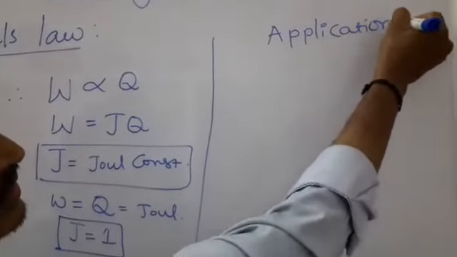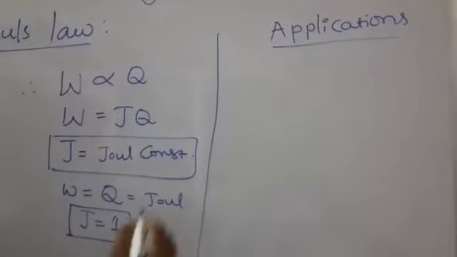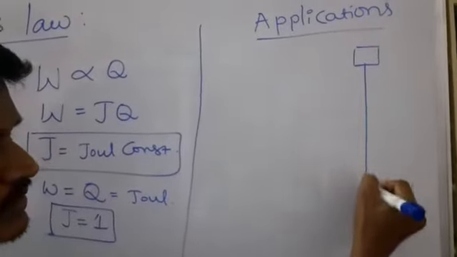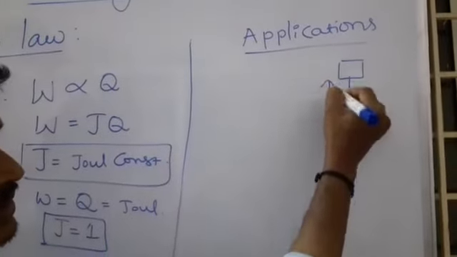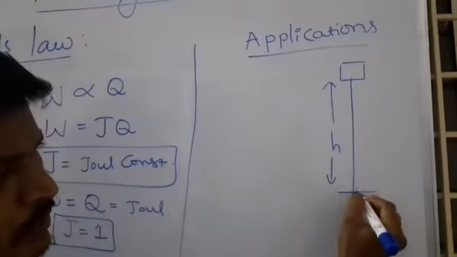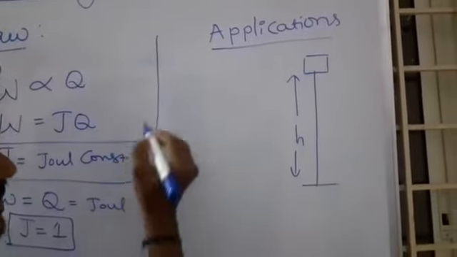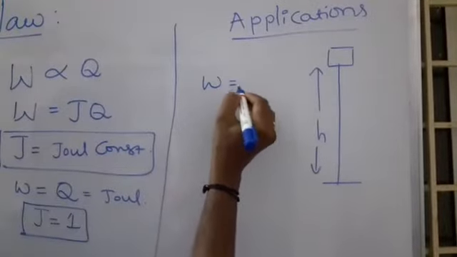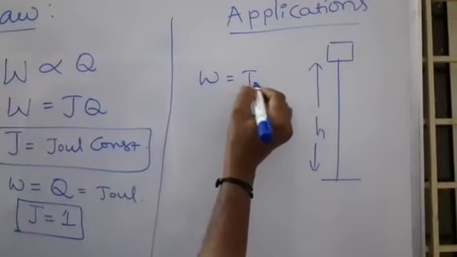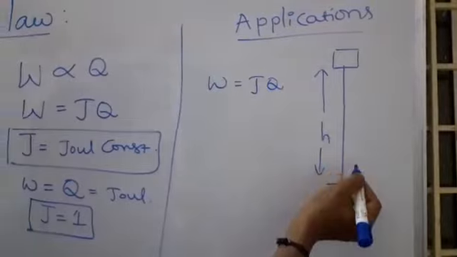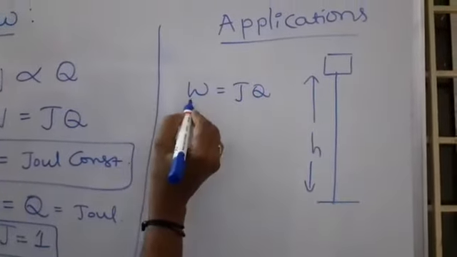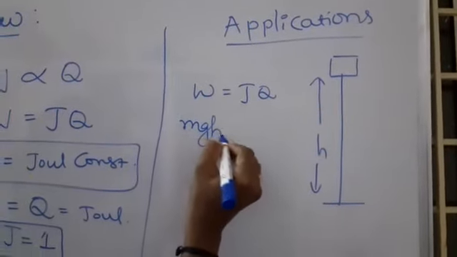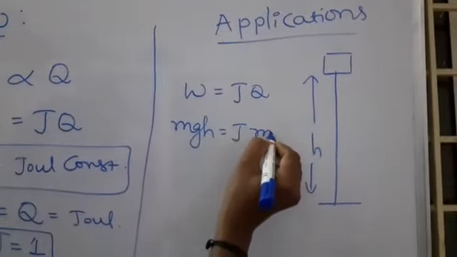Applications of this Joule's law. For example, we can consider an ice stone. The ice stone is dropping from height h, so it completely melts after reaching the ground. So here, according to Joule's law, the amount of work done is equal to the heat generated to melt this substance. So W is equal to m g h, that is equal to J into mL.